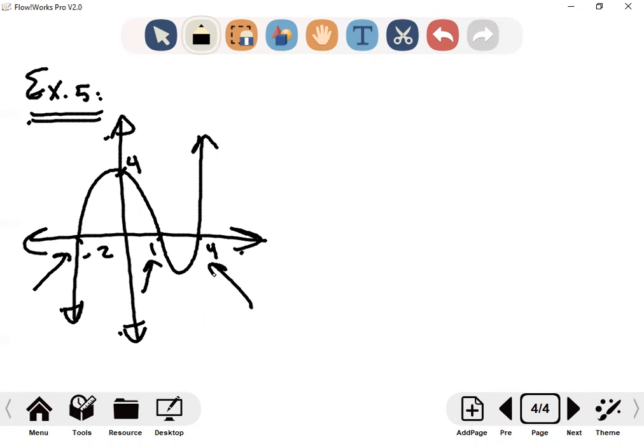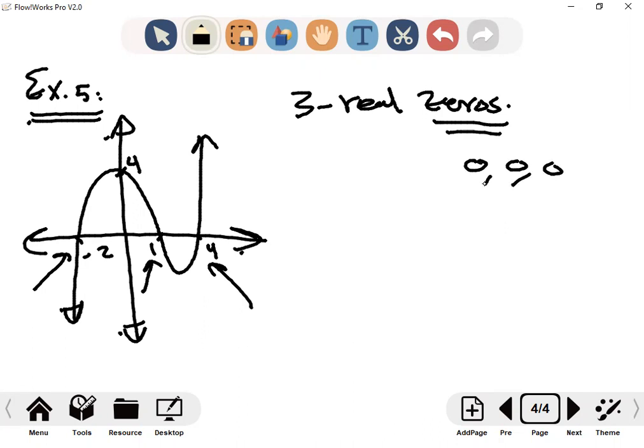How many real zeros do we have? 3. So we have 3 real zeros. These values make the function of this graph equal what? 0.